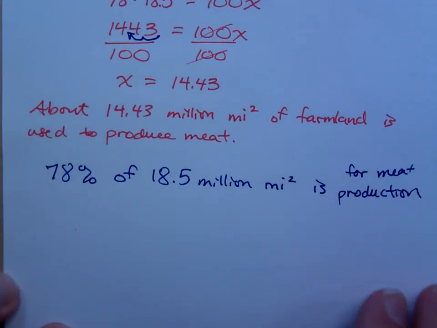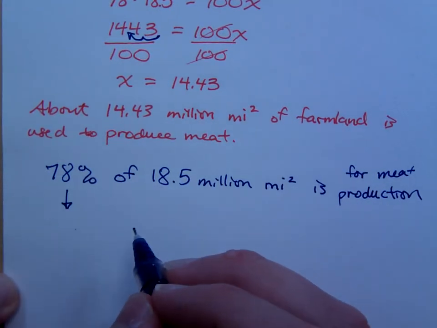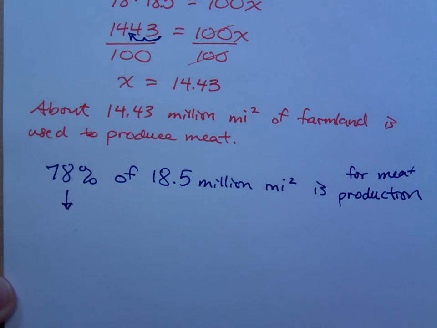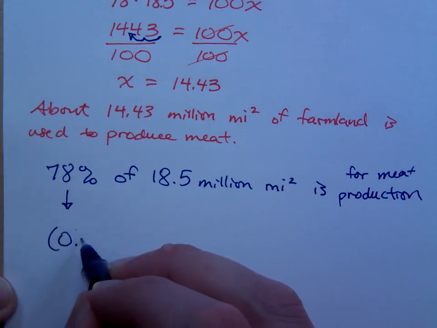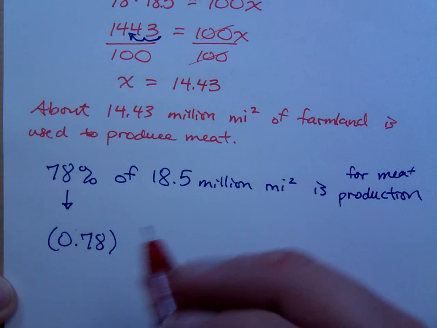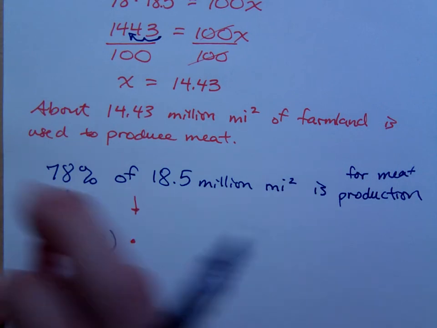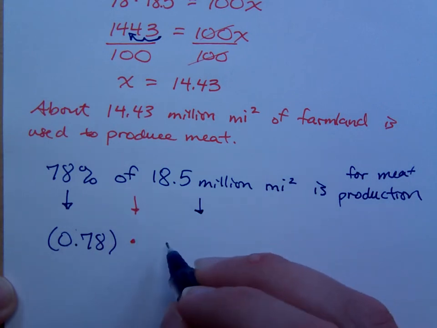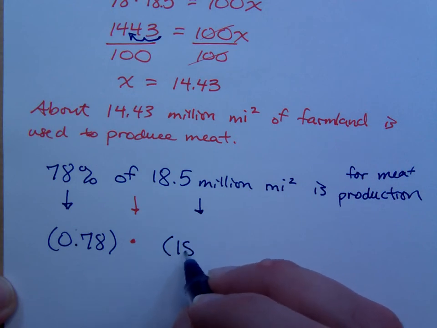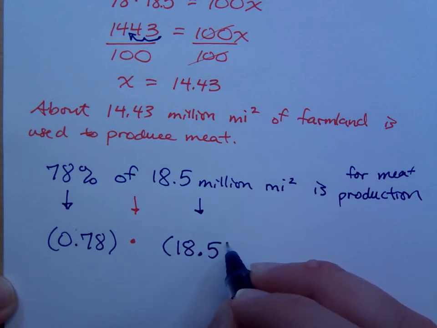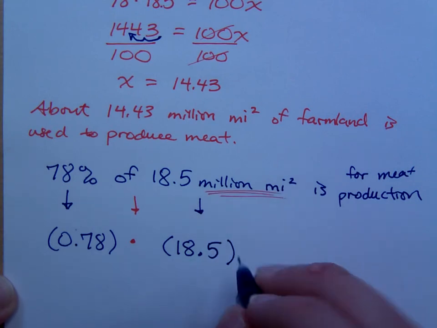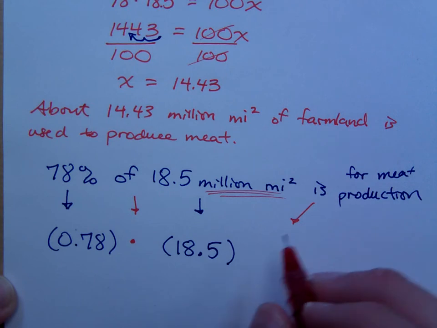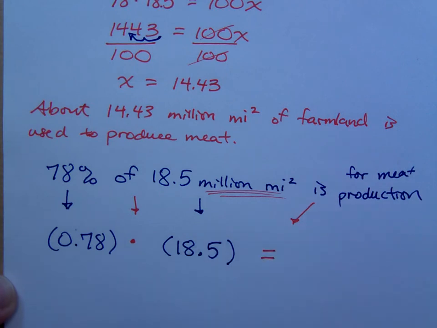So if I translate this like I did the other day, how do you translate 78%? How do we do this on Wednesday? So this is 0.78. How do we translate the word of? Times 18.5 million. We'll just do 18.5, right? Remember that we're going to have to deal with the million square miles later. How do you translate the word is? Equal. And then for meat production?